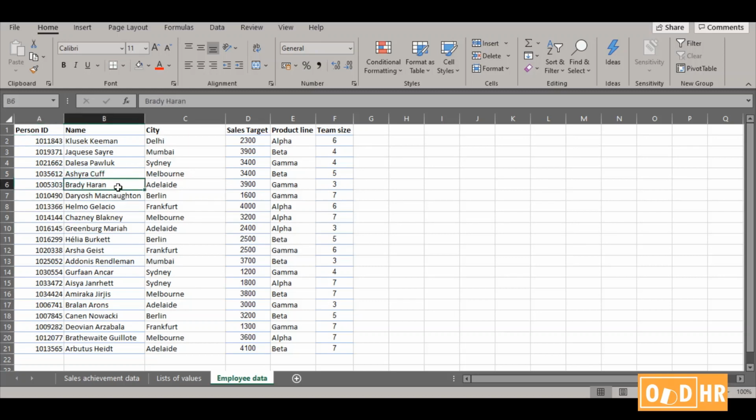So Brady, for example, works in the phenomenal city of Adelaide. He has a sales target of 3,900 and he sells the product line known as Gamma. And additionally, we get some idea of his team size, and it seems he manages a team of 3 people. So that's an overview of our data set, and now let's jump into the actual project.